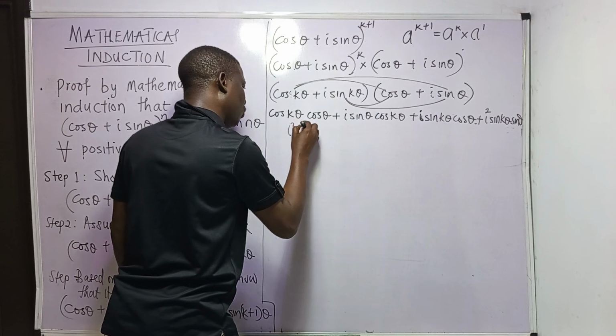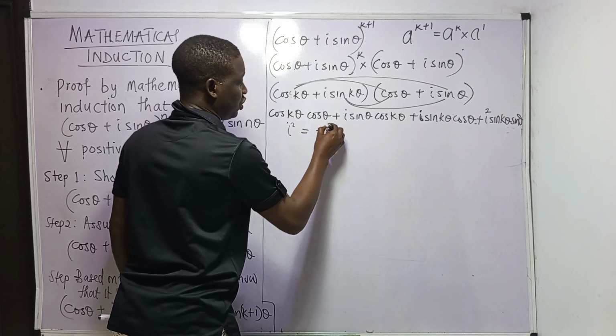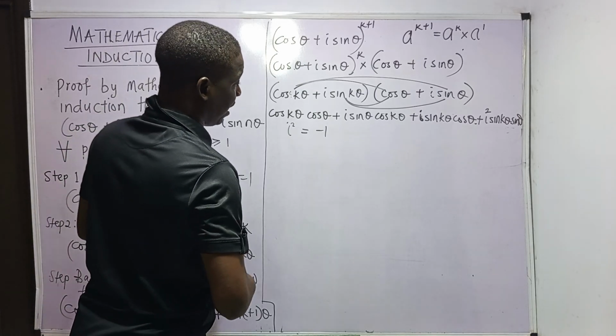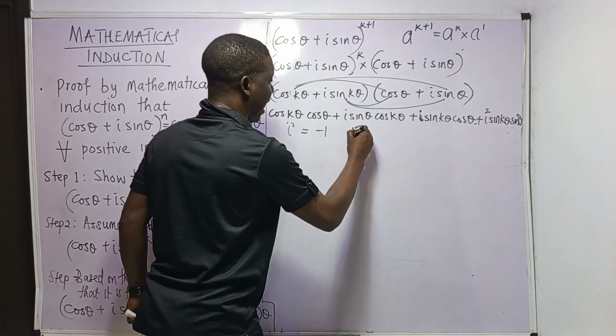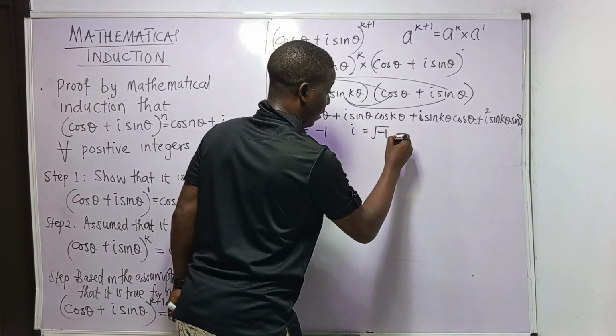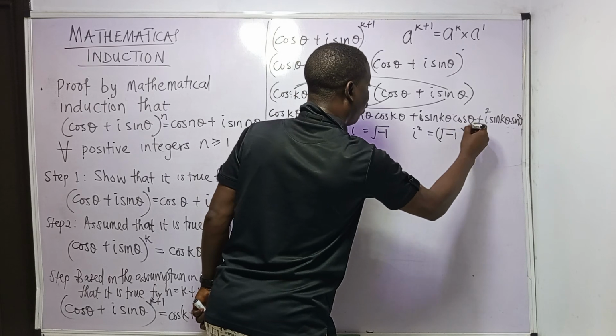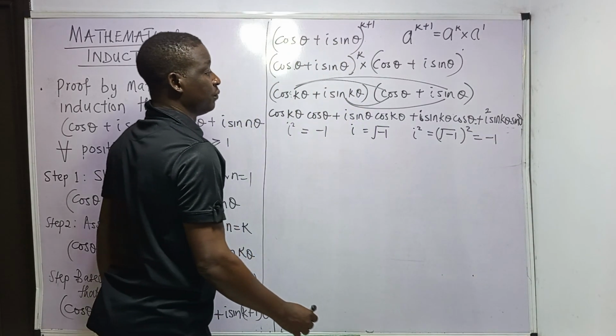But remember, i squared, where i is the square root of -1, so i squared is the square root of -1 all squared, which equals -1.